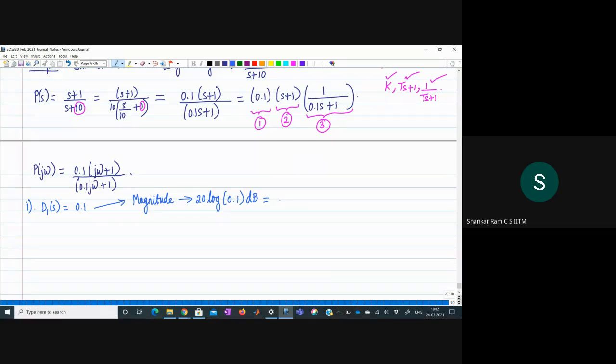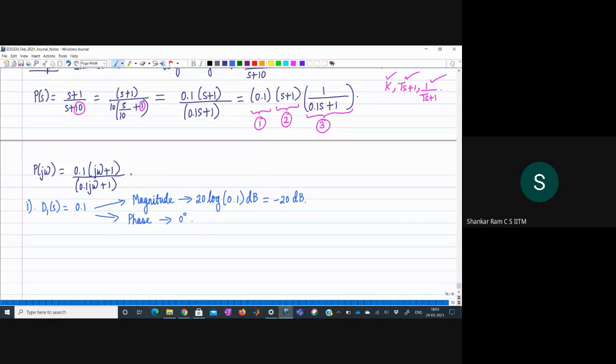What will be the log of 0.1? It is minus 1, so this will be just minus 20 decibels, right? And its phase will be 0 degrees, because this is a positive real number.